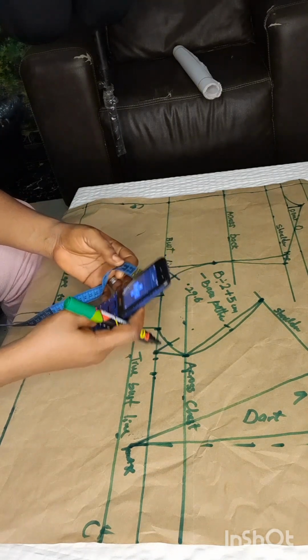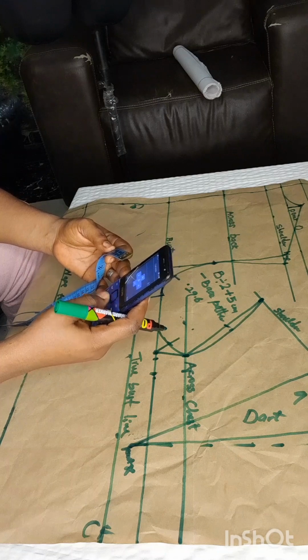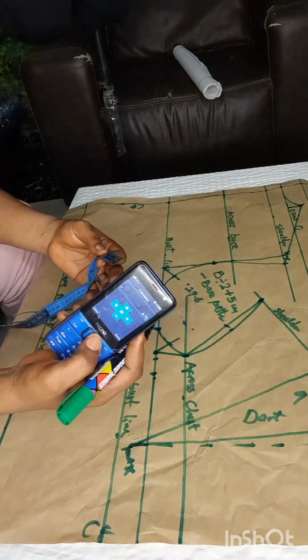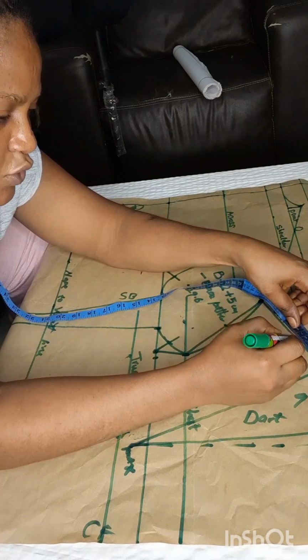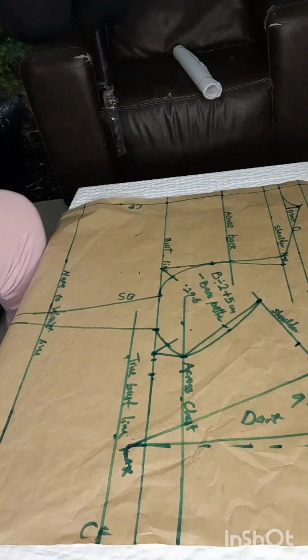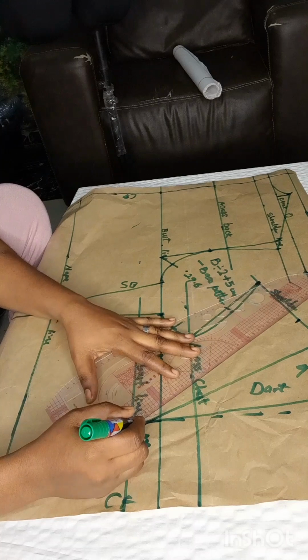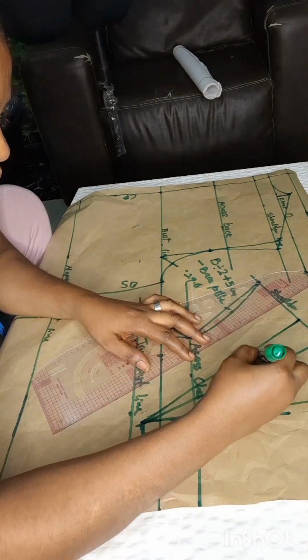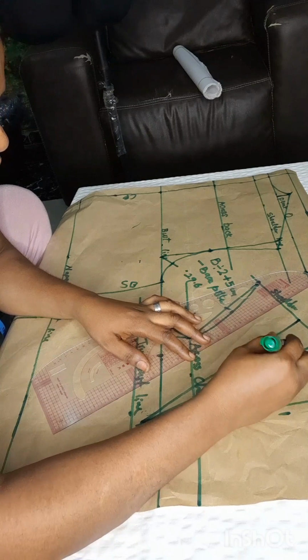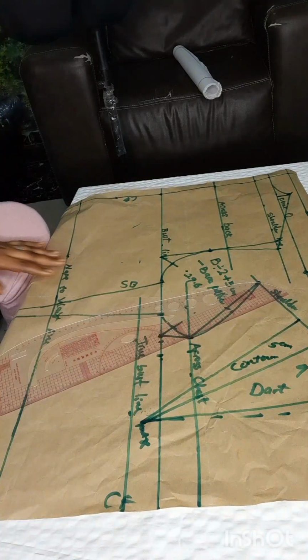When we say we want to do 50%, our dart is 9.5, so 50% gives us 4.75. So I will actually use 5 cm for this person. I contour with 5 cm. Hope you can see it.